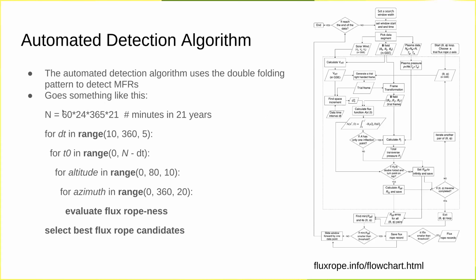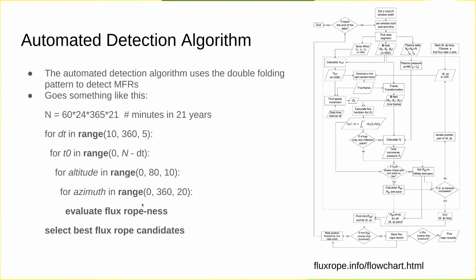But the problem with that is you need to do this very, very exhaustive search for every single time window length, for every single starting time, for every axis orientation. This is in total around 100 something axis orientations. This is a very large number of starting times for 21 years of data that they did their study on, and a large number of different window lengths or different possible durations of the flux rope measurement.